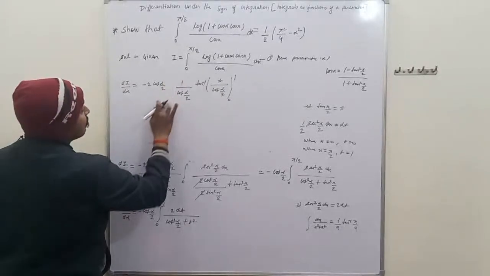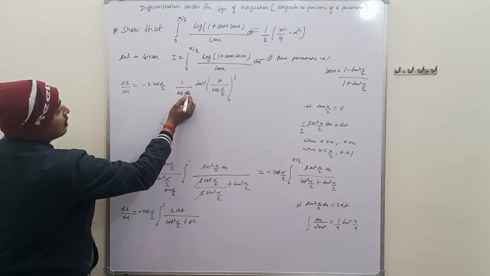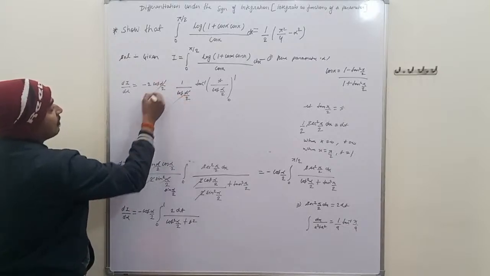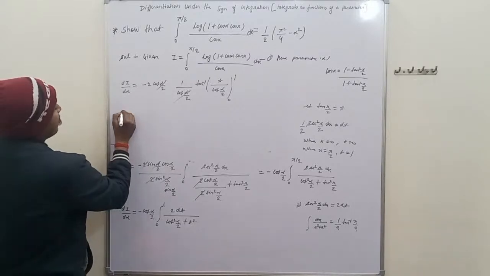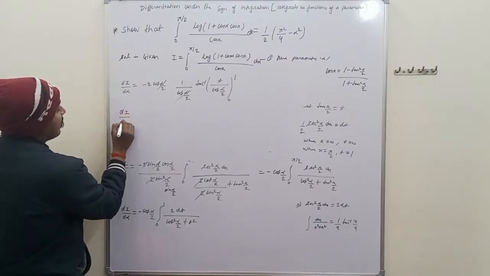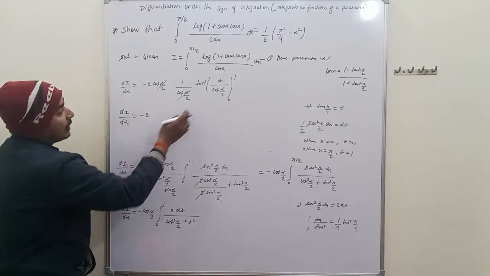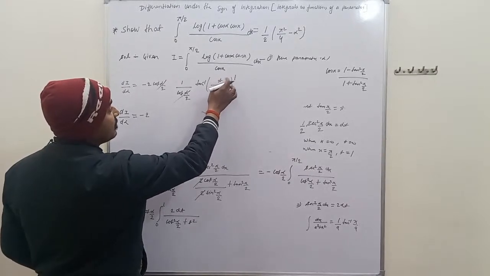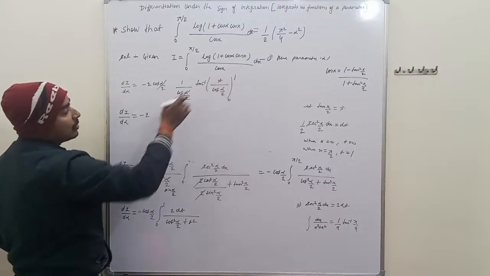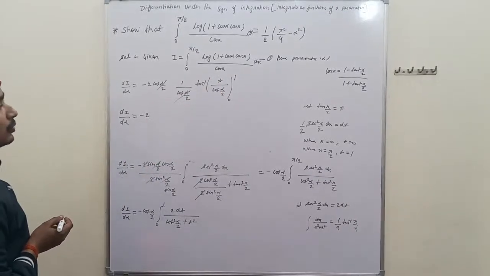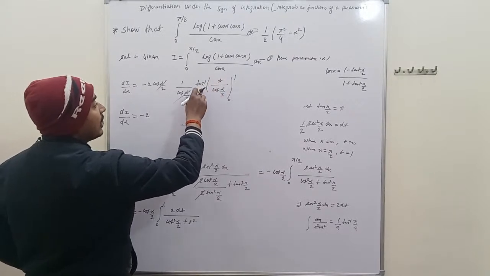Further we have to put the limit. First we cancel out the terms, that is cot alpha by 2 into cot alpha by 2, and the remaining is dI by d alpha is equal to minus 2, and we put t is equal to 1, and this is 1 upon cot alpha by 2. 1 upon cot alpha by 2 is taken to the denominator, that is tan alpha by 2, and this is tan inverse.